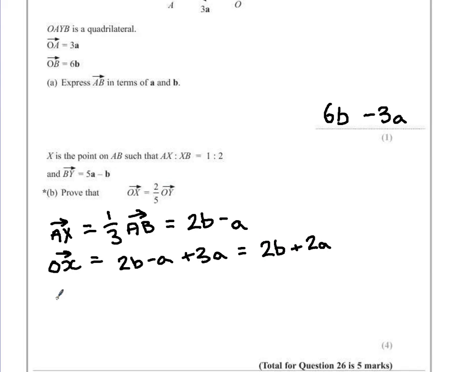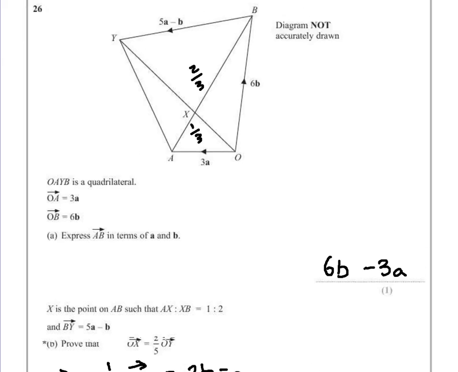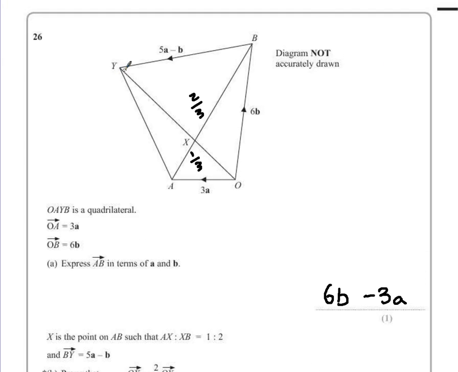So what is the vector then of O to Y? Well, we're given this vector from B to Y, so to get there we're going to have to go from O to B first and then back down along this line.